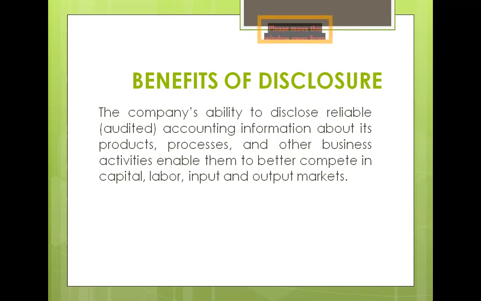And the better a company's prospects, the lower its cost of capital, as reflected in higher stock prices or lower interest rates. The same is true for a company's recruitment efforts in labor markets and its ability to establish and maintain superior supplier-customer relations in the input and output markets.